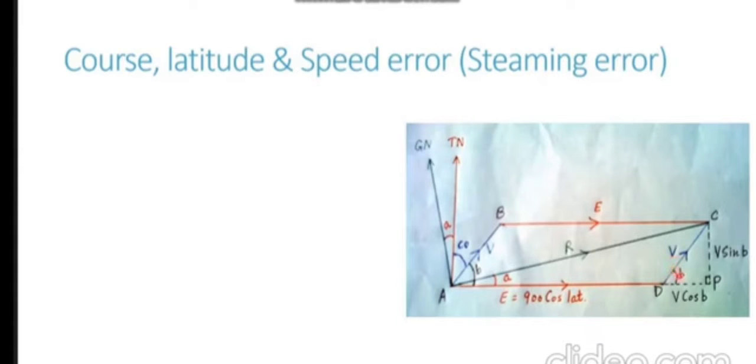Now this vector is making an angle of small b with the easterly direction, and now we are going to break up this vector, the ship's course and speed vector, into two components, one horizontal component and one vertical component. Now at an angle B from this vector, we have the horizontal component, which is delta papa.